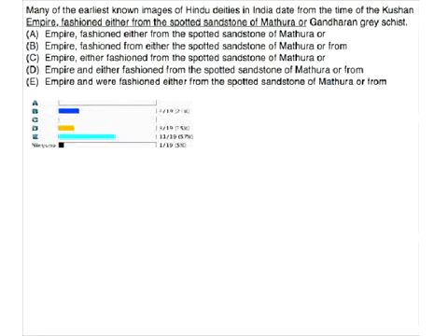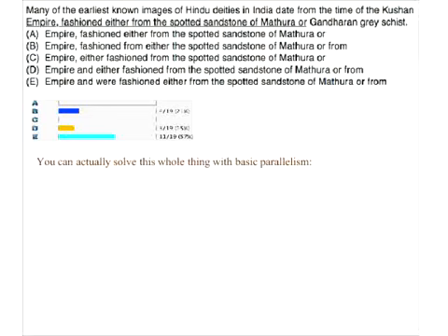First I want to point out that you can actually solve the whole problem with simple parallelism again. So let's just do that really quickly and then let's talk about "and." You can actually solve this whole thing with basic parallelism.